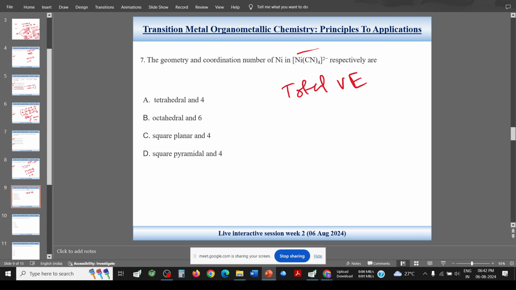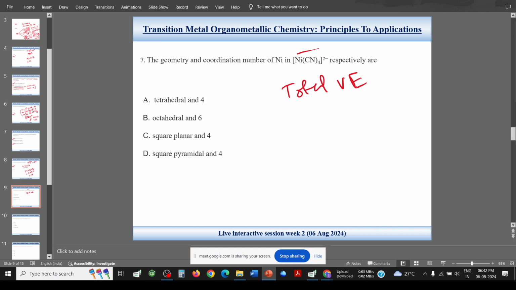That is the geometry and the coordination number. What will be the answer? Square planar, and the coordination number will be 4.